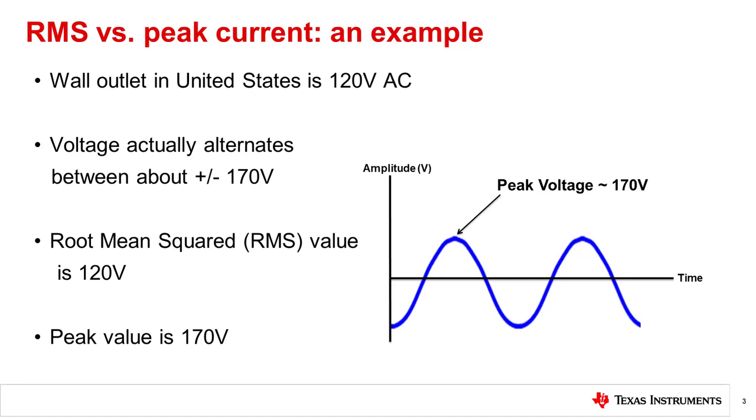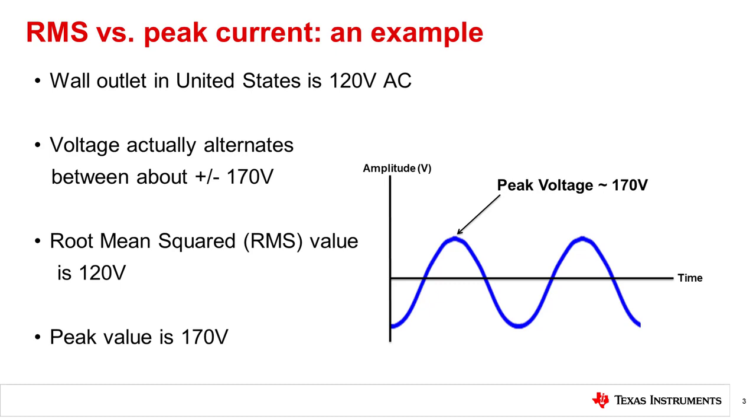Rather, this is the RMS value. The actual voltage is sinusoidal in shape and varies from about plus 170 volts to minus 170 volts. So for a standard 120 volt outlet, the peak value is 170 volts, but the RMS value is 120 volts.